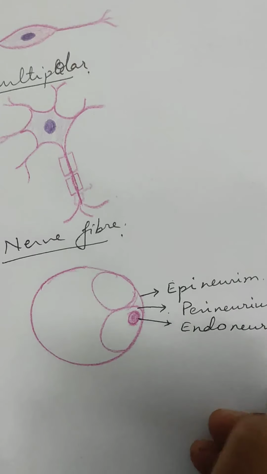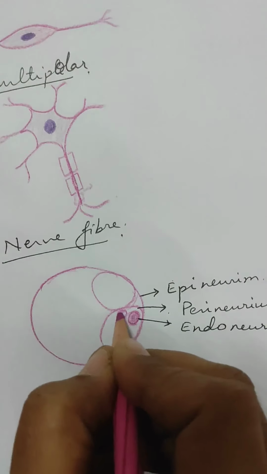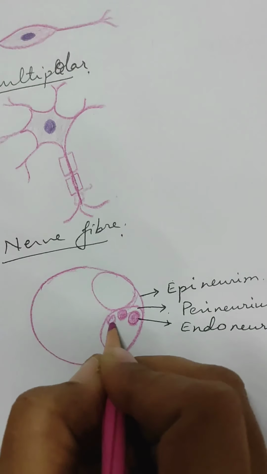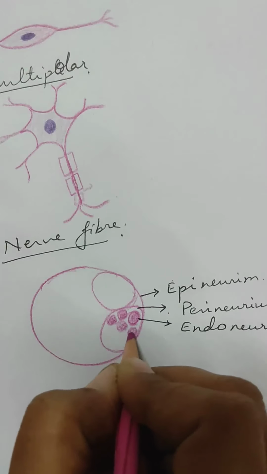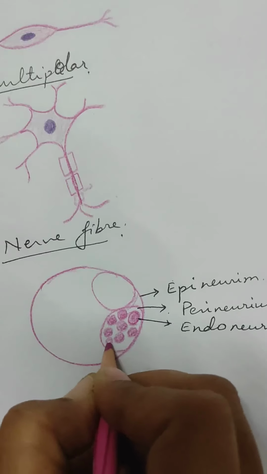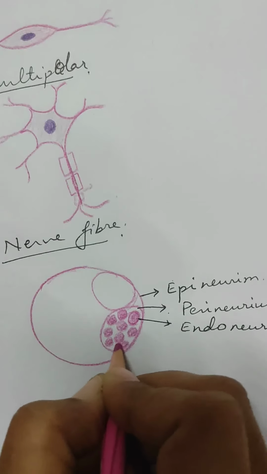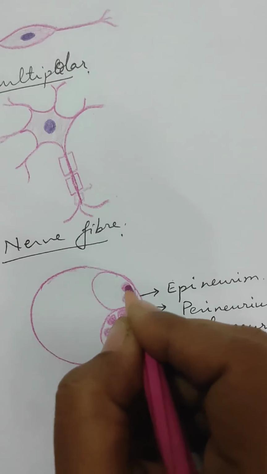Now these do not appear like this. You will only see the myelin sheath, the cut section of the axons, but you will not be able to appreciate these coverings.